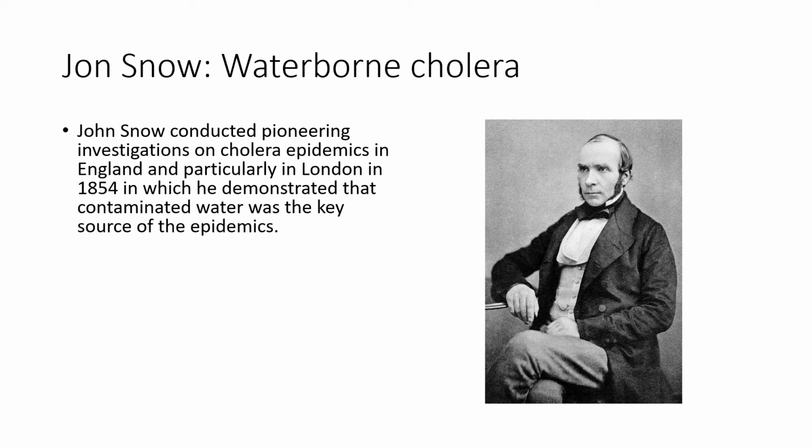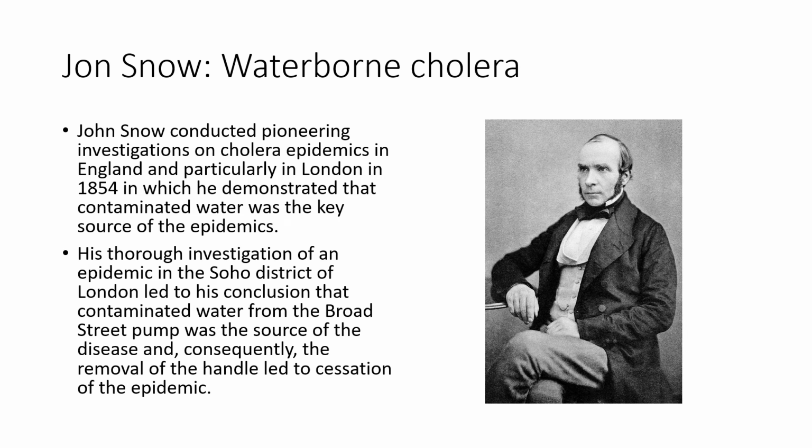So he did his first epidemiological investigation by mapping out how many people who were close to the hand pump fell sick, and he found that as the radius increased, the number of people who fell sick decreased. And then he was able to stop that outbreak by getting the hand pump locked.